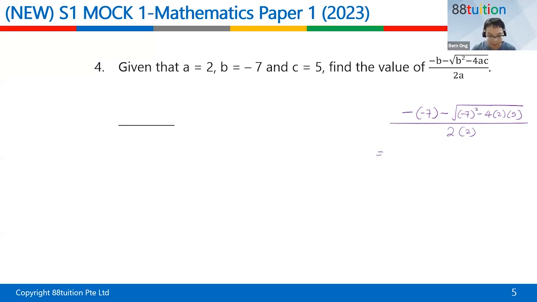Press your calculator: minus, open bracket, -7, close bracket, minus square root, open bracket, -7, close bracket, squared, minus 4, open bracket, 2, close bracket, open bracket, 5, close bracket. Press equal first. On top, you will immediately get a 4 already. Below, 2 times 2 is a 4. 4 over 4 is a 1.